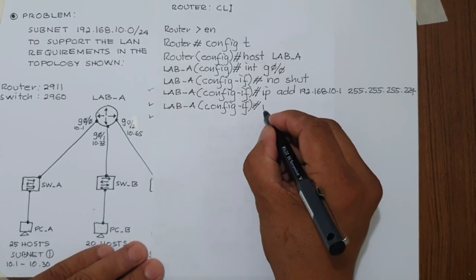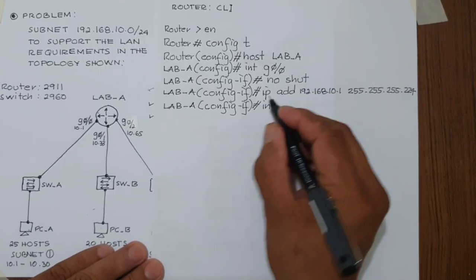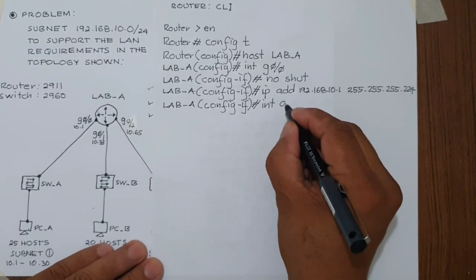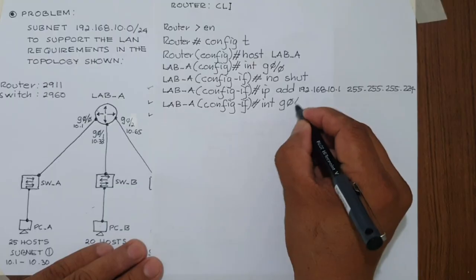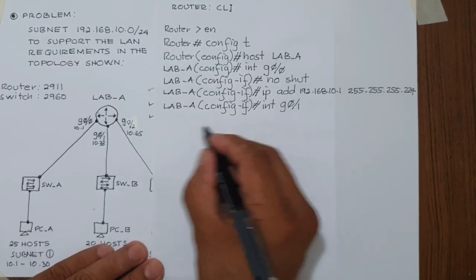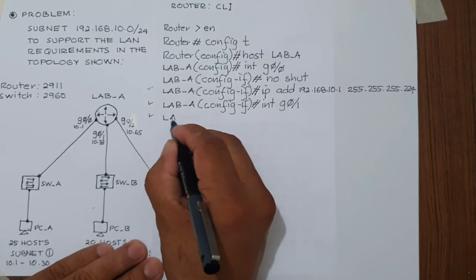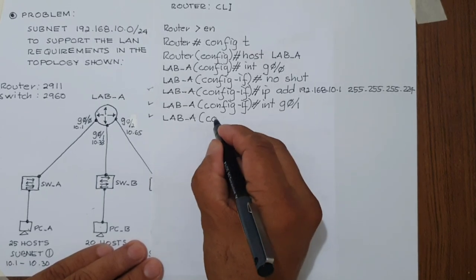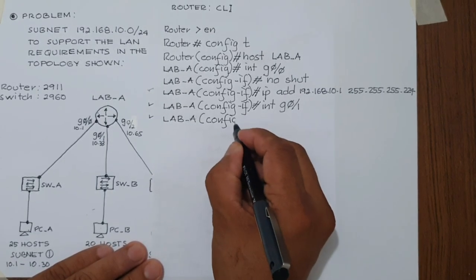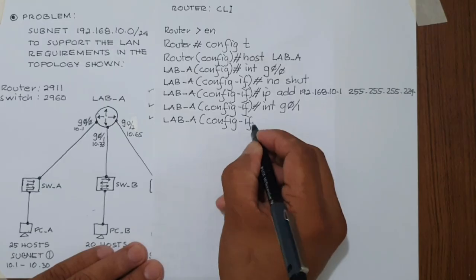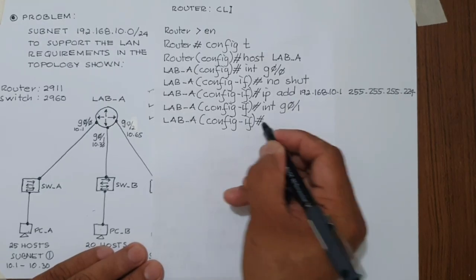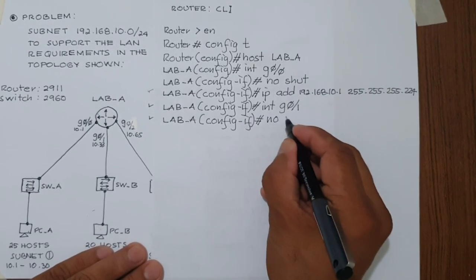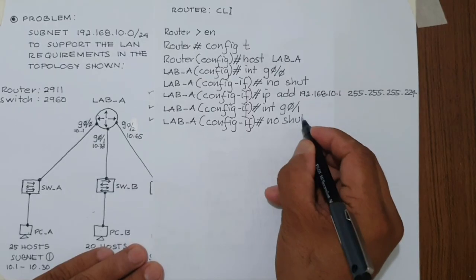So we now go to the other interface, G0/1, and we maintain the same prompt, but now we are inside the G0/1 interface. So we turn it on just like what we did with G0/0.